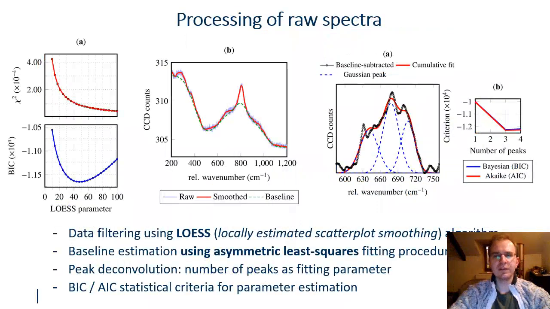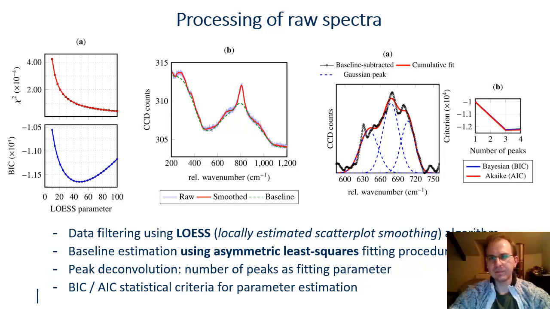Due to the noise observed on the spectra we acquired, it was necessary to use certain data filtering methods. For example, we used locally estimated scatterplot smoothing as the primary filtration method.